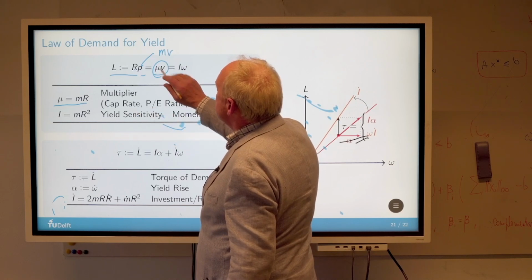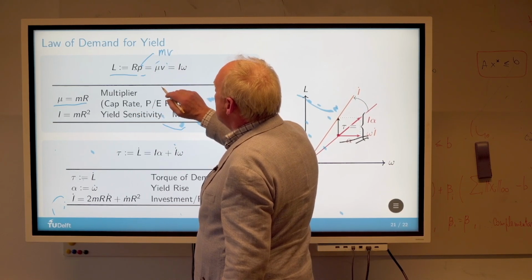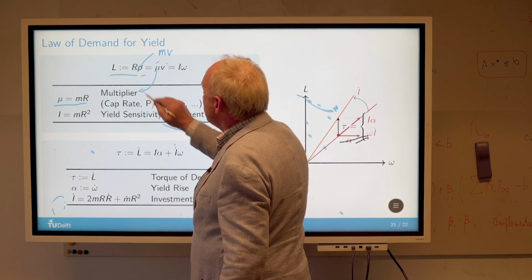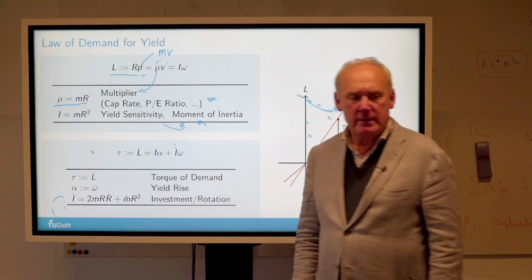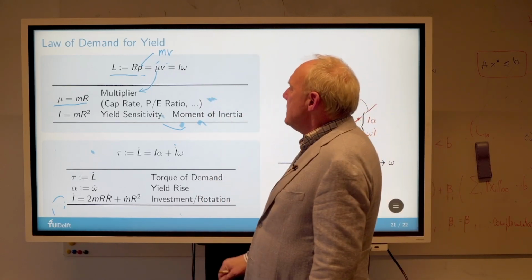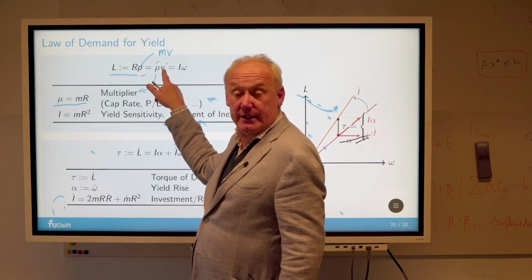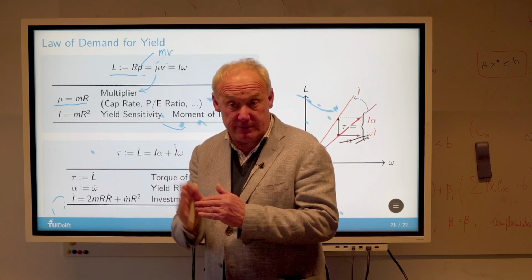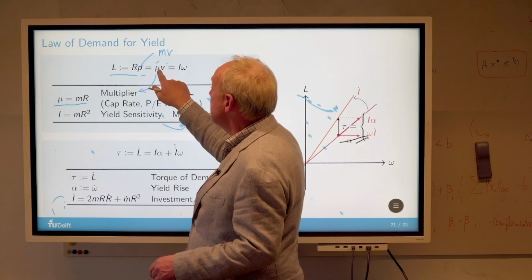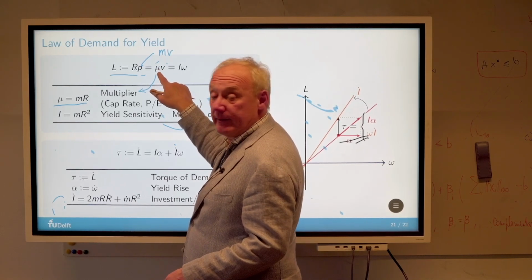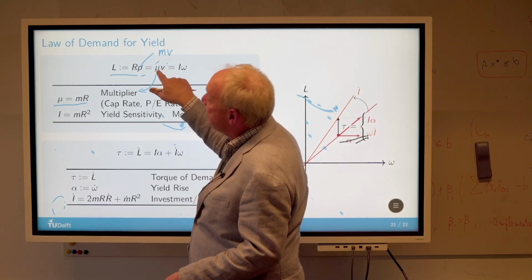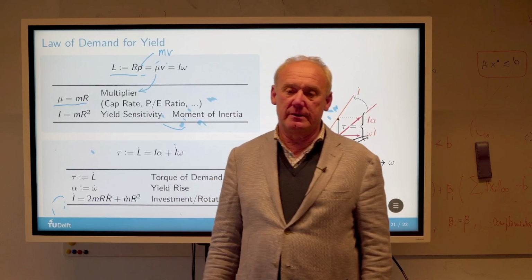Now, this thing, I use the word mu because economists call this the multiplier. So suppose you have some stock, and V is then the earnings, so that's what the stock is yielding. They will call this the earnings multiplier, because if you take the earnings and multiply by that, you get the price of the stock.